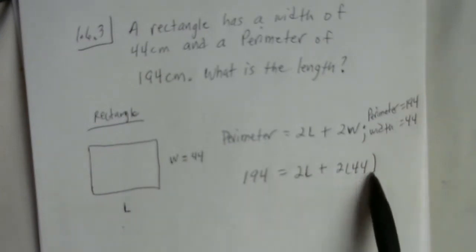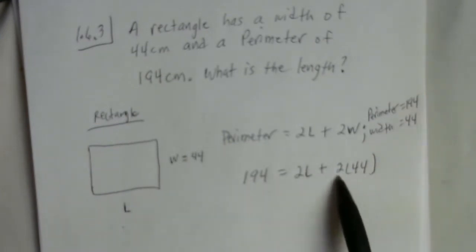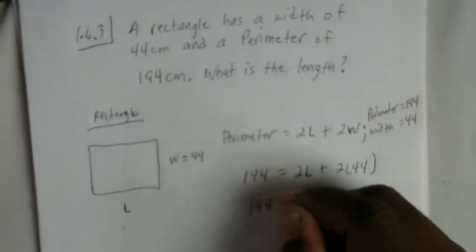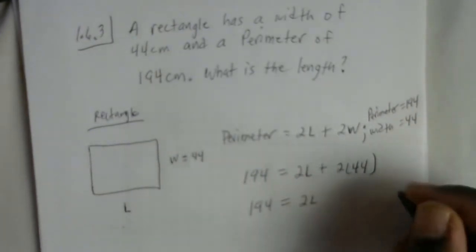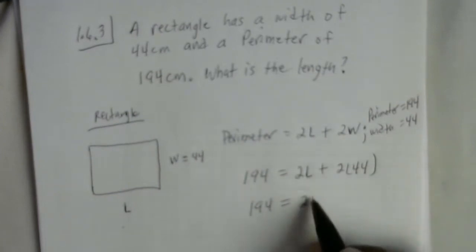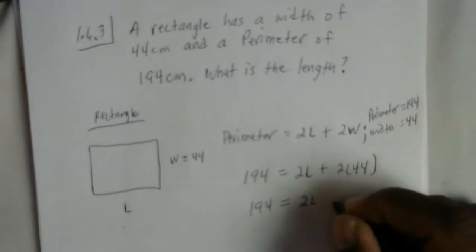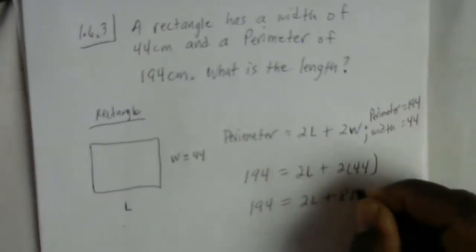The second step says remove parentheses, so I'm going to multiply. So I'm going to bring down 194, bring down my equal sign. I want to bring down 2L. 2 times 44 is 88.